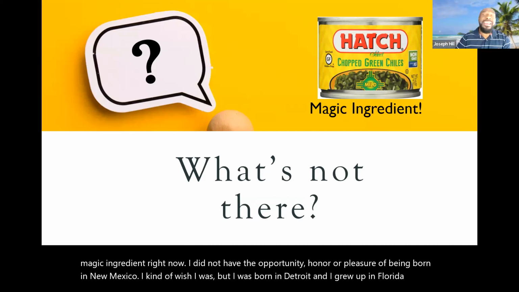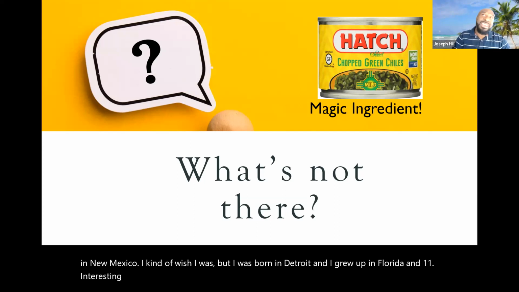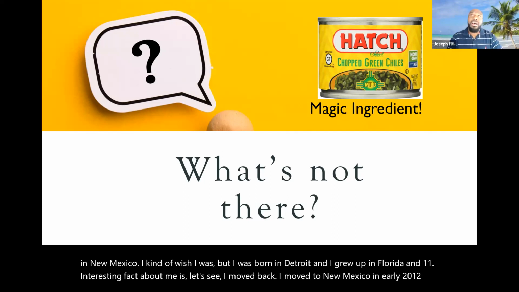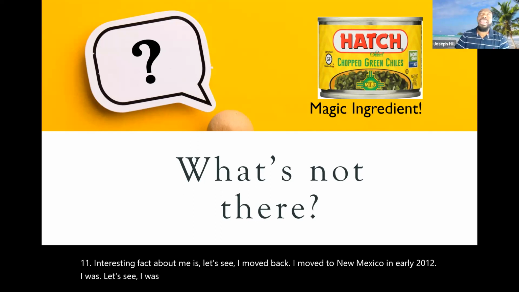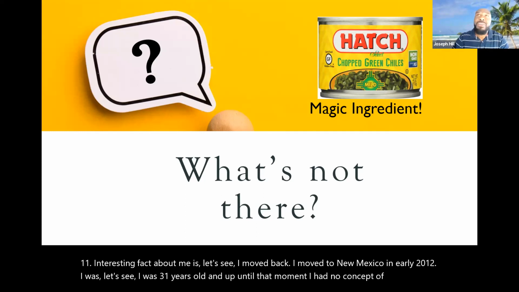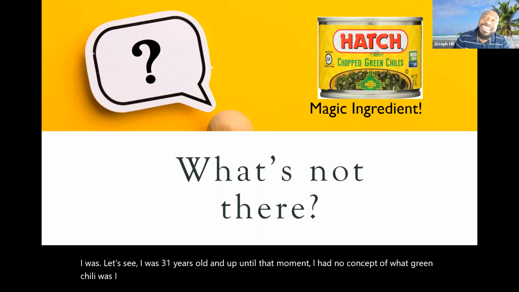And one interesting fact about me is, I moved to New Mexico in early 2012. I was 31 years old. And up until that moment, I had no concept of what green chili was. I didn't know it existed.